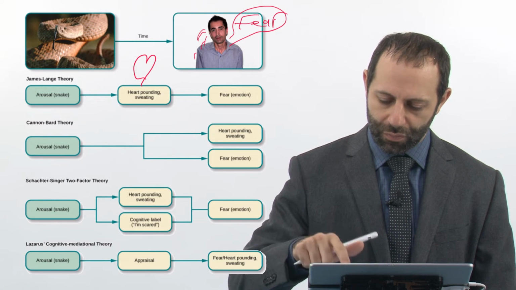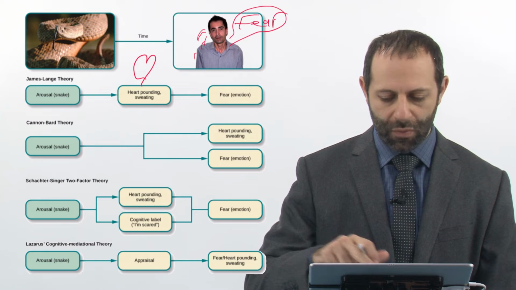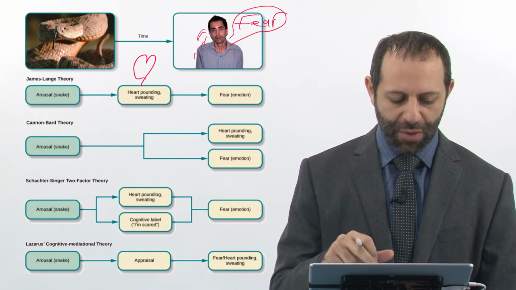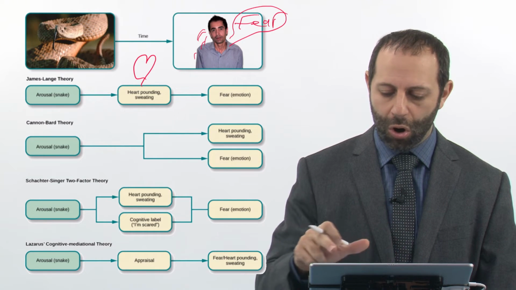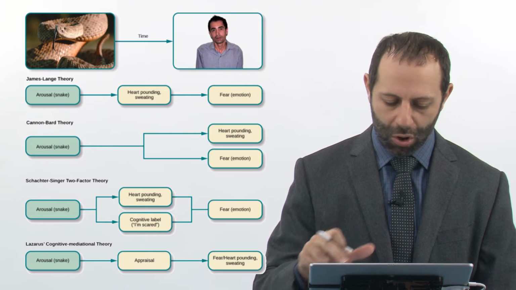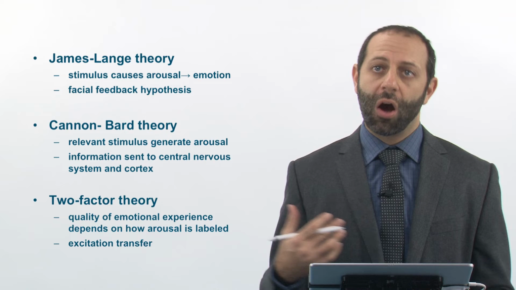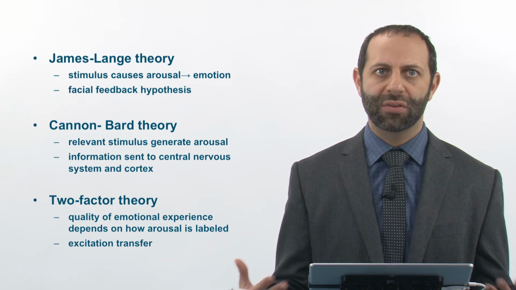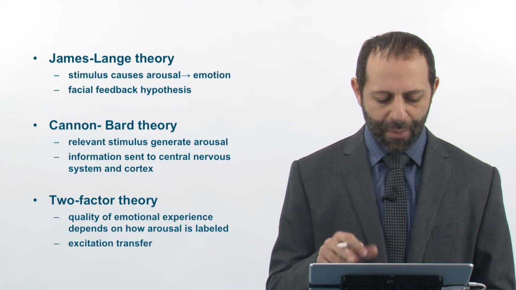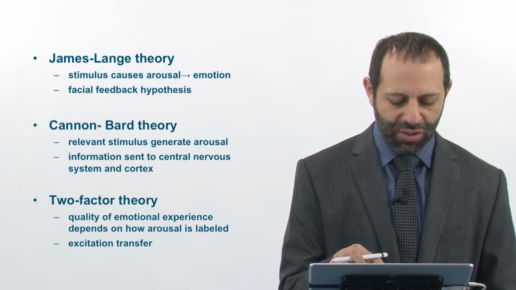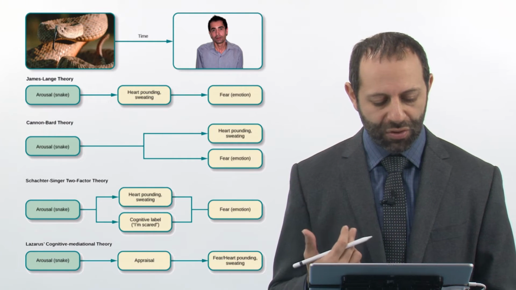Now, let's see if we can put that up. As opposed to the James-Lange Theory, we have the Cannon Theory. The Cannon Theory states that relevant stimuli are actually what generate the arousal themselves, and at that point, information is sent to the central nervous system and the cortex.